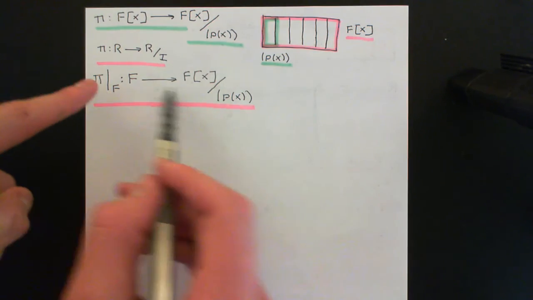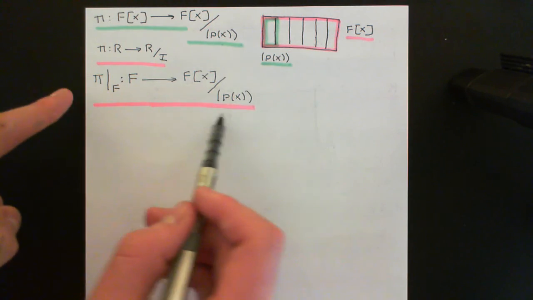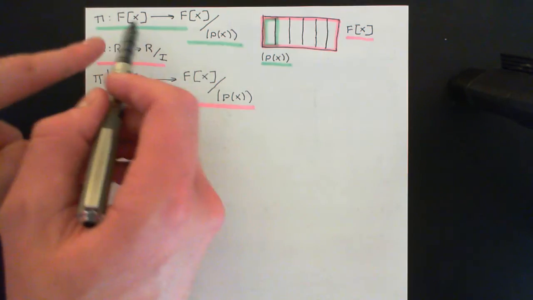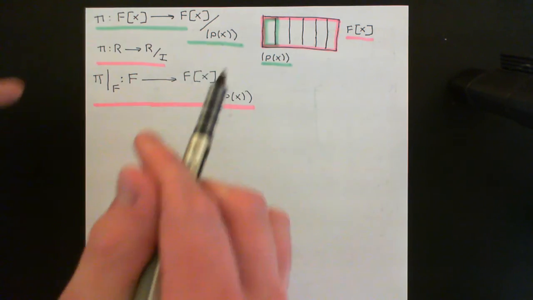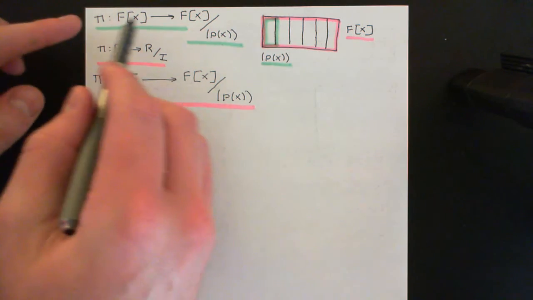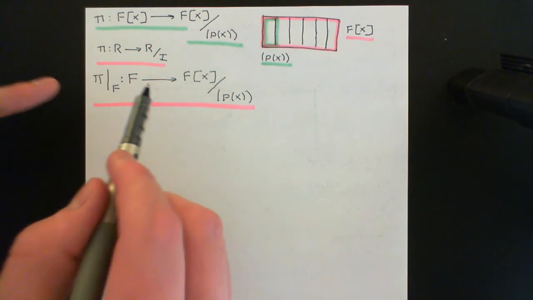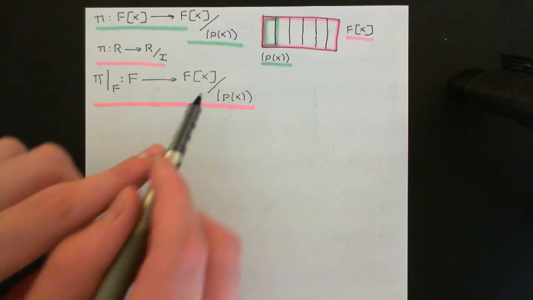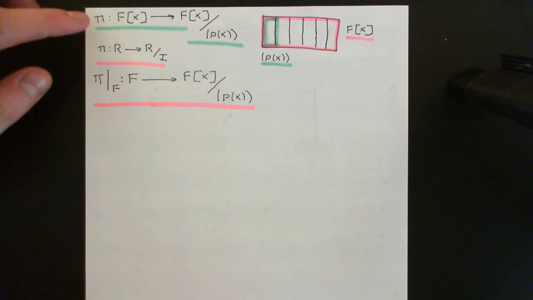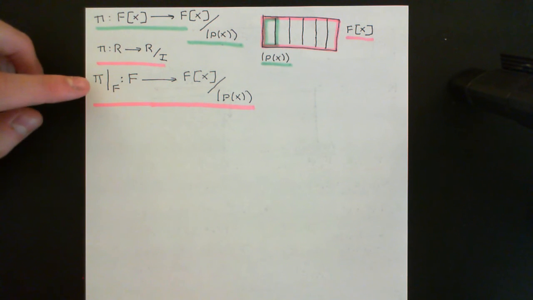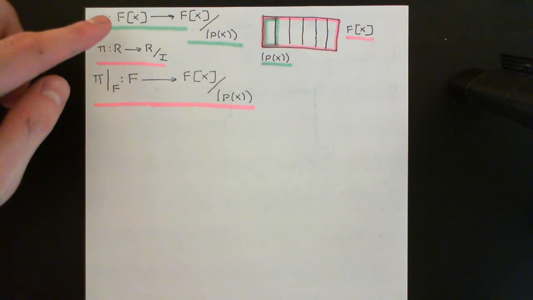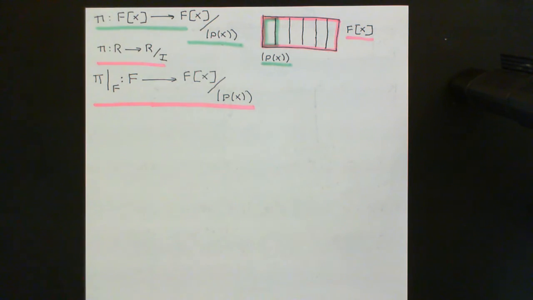So if it wasn't the case that addition and multiplication were compatible in this restricted version of this map, then it wouldn't have been compatible in the larger map, and therefore this wouldn't have been a ring homomorphism. Also the multiplicative identity is still going to have to go into the multiplicative identity, again, because otherwise this is just a restriction of this. If it isn't true that the multiplicative identity here goes onto the multiplicative identity here, then it wouldn't be true over here.